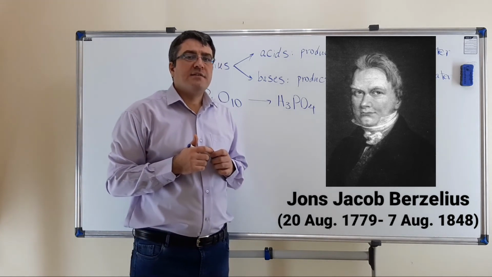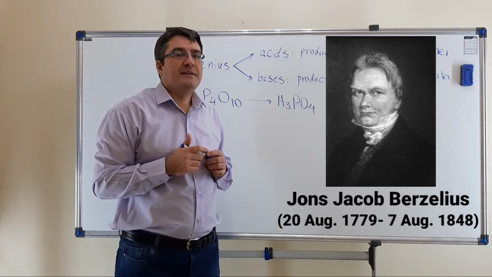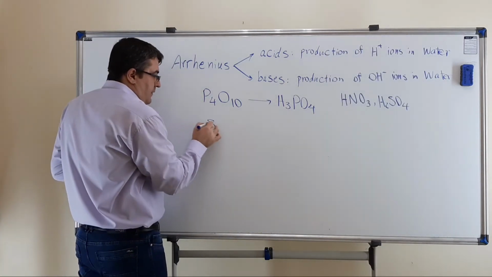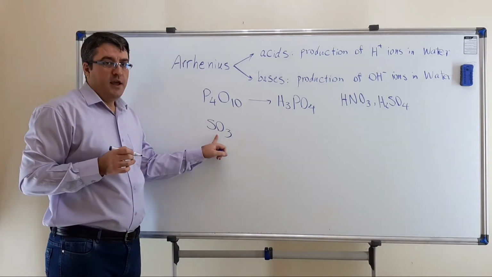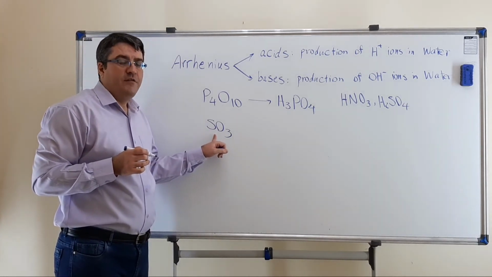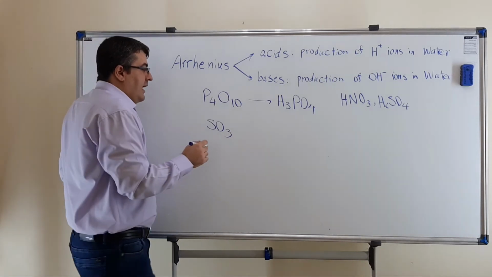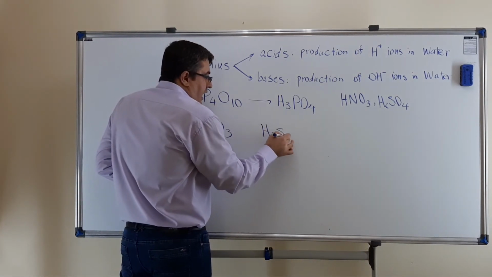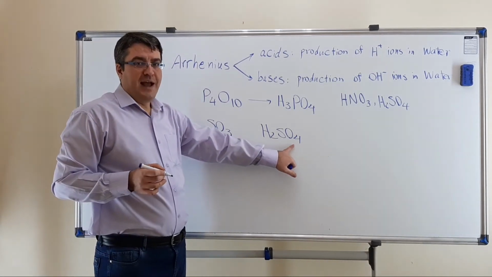This is a general fact usually discussed in the context of metals and non-metals. For example, SO3, sulfur trioxide, is one of the oxides of the element sulfur, where sulfur is a non-metal. SO3 in water gives H2SO4 or sulfuric acid.